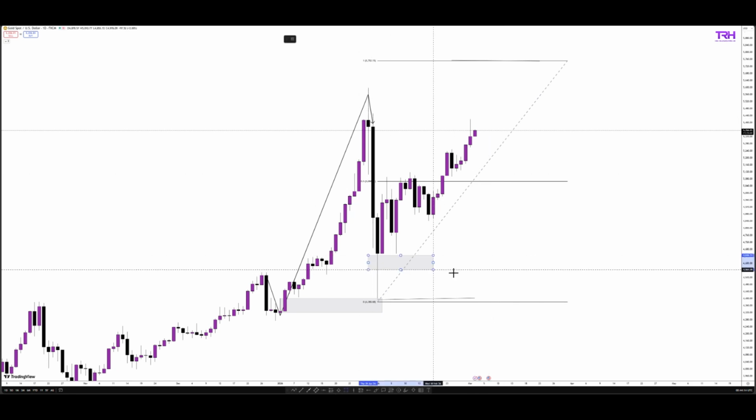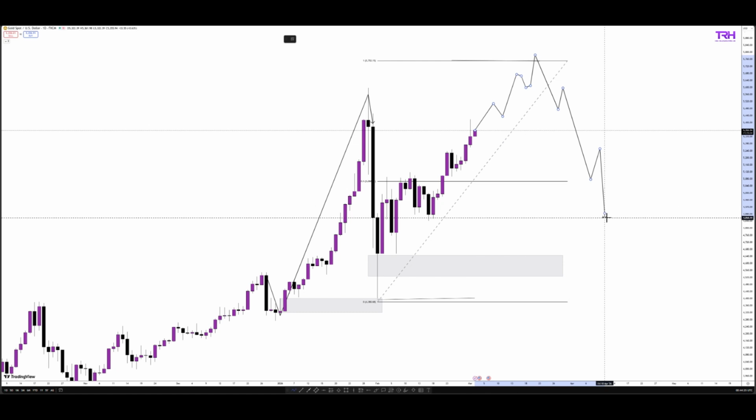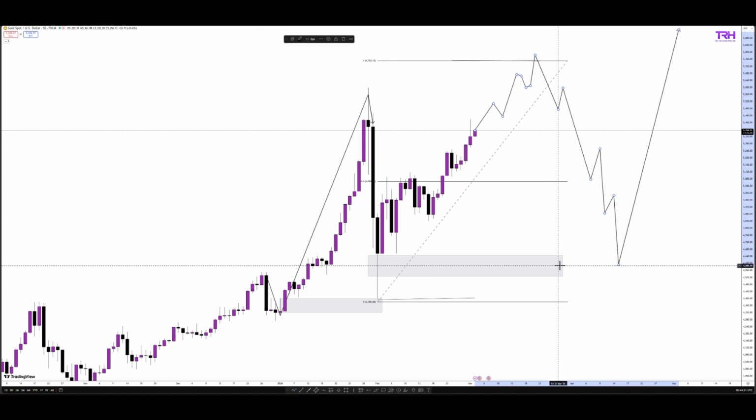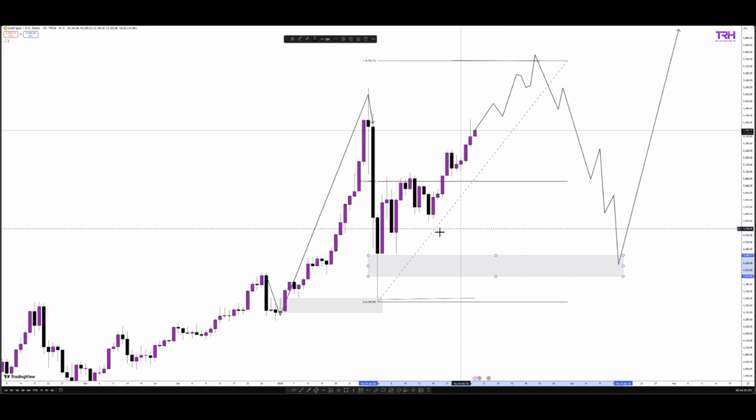Price comes to this POI before you probably see price do something like this. You get a new swing high like this. Then price steps into this POI to give us another swing high above, making this a new swing low. I hope you guys are getting what I'm saying.